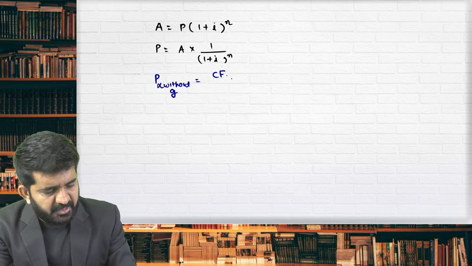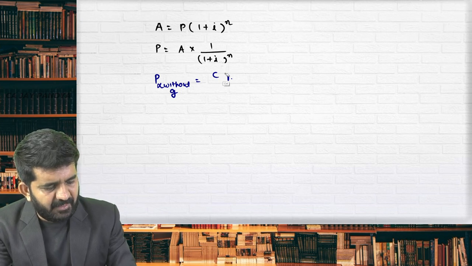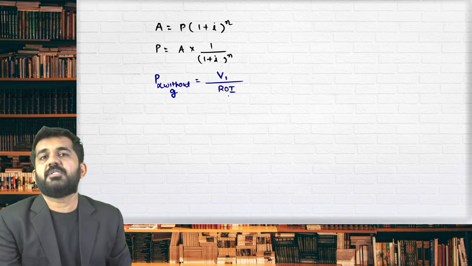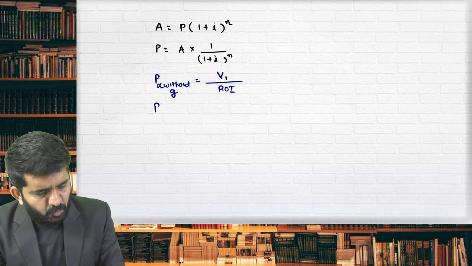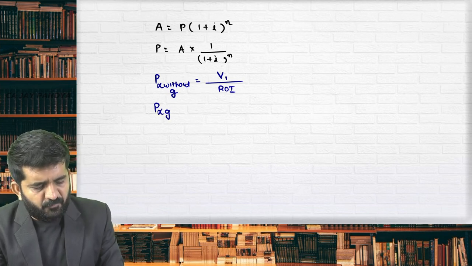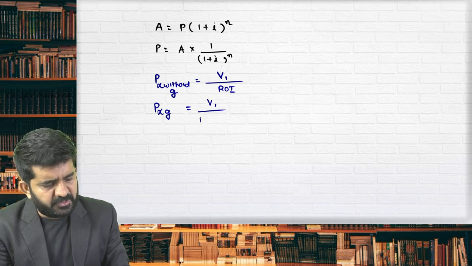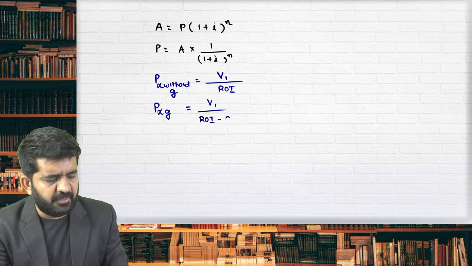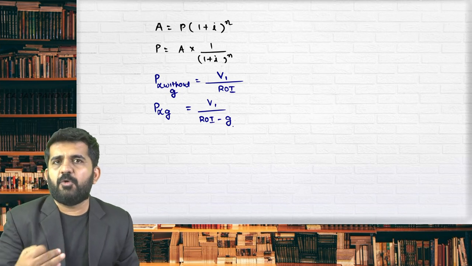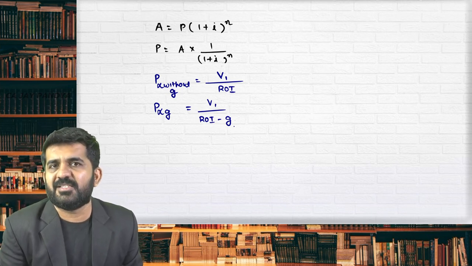It is cash flow of 1 year divided by rate of interest. When you want to find out the present value of infinite cash flow with growth, what is the formula? Value of first year divided by rate of interest minus g. All these formulas we have done yesterday, but I am just recapitulating them.